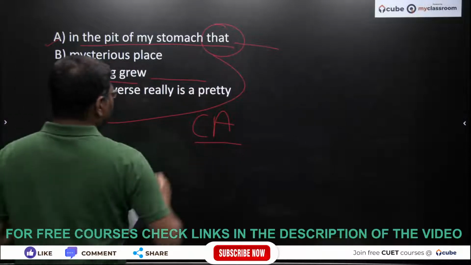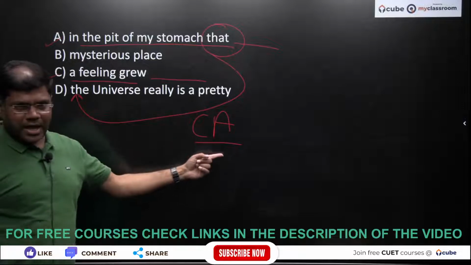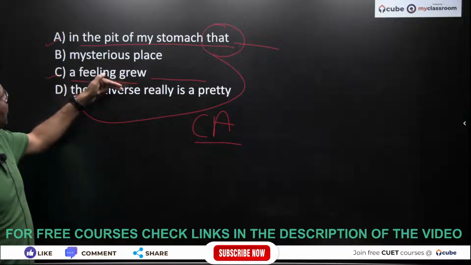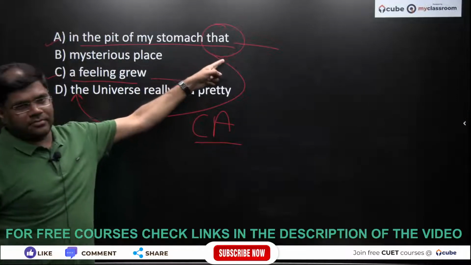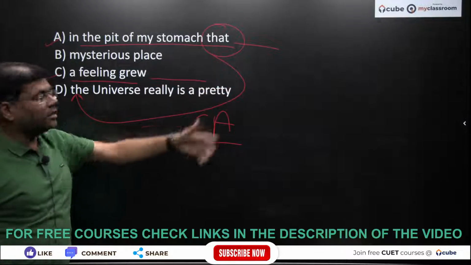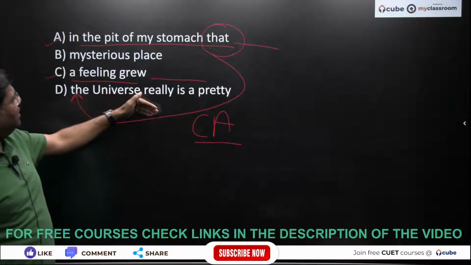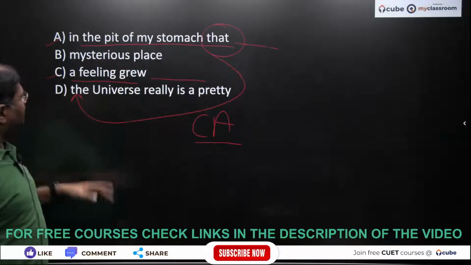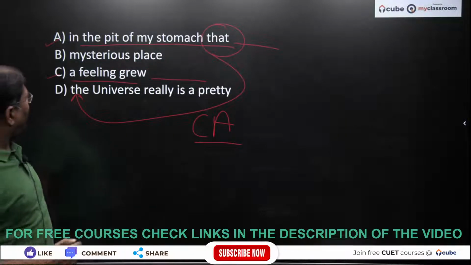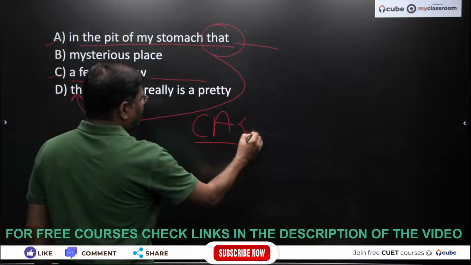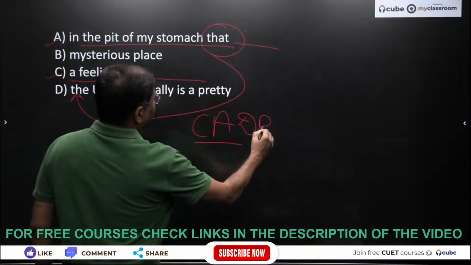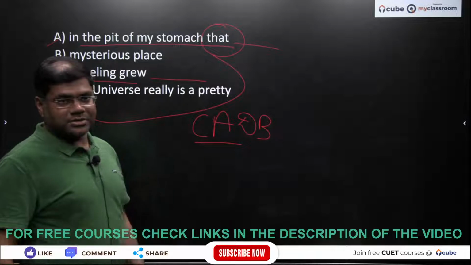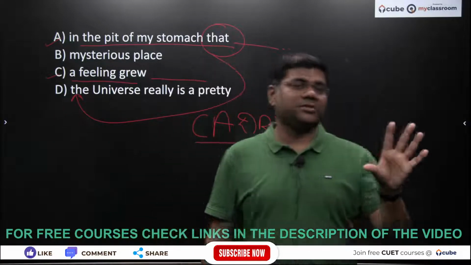What we had done earlier is fix C and A. A feeling grew in the pit of my stomach that. What is that feeling? That the universe really is a pretty mysterious place. So we have gone from C to A, then from A to D, and in the end B. CADB is the right sequence and creates a very logical sentence.